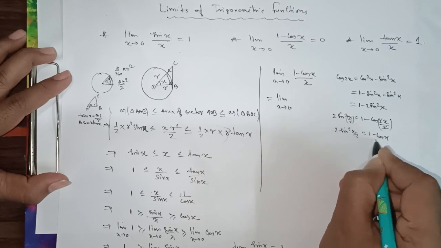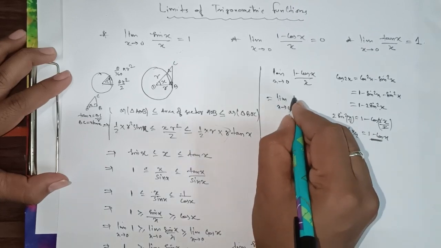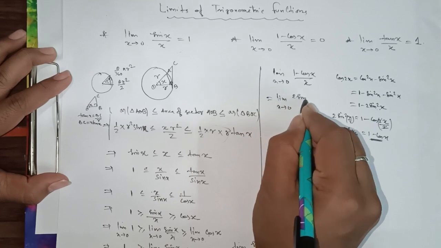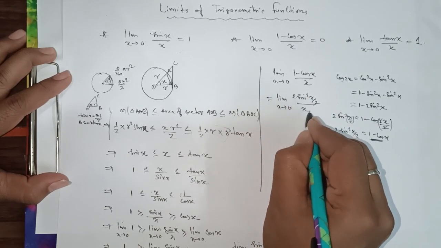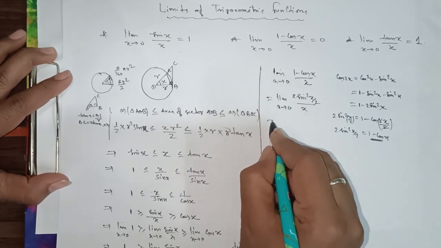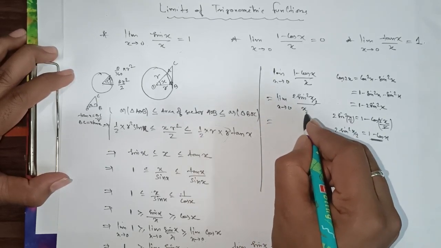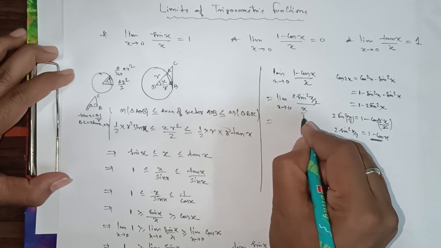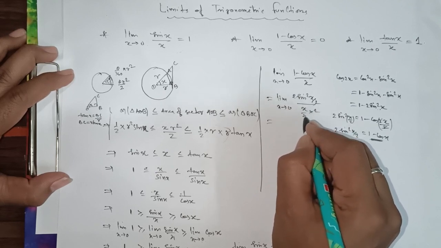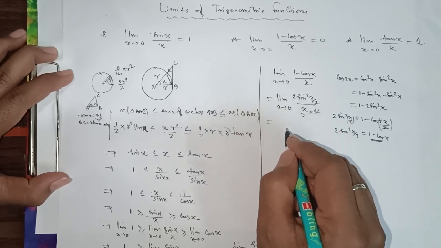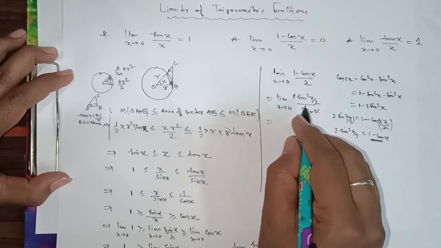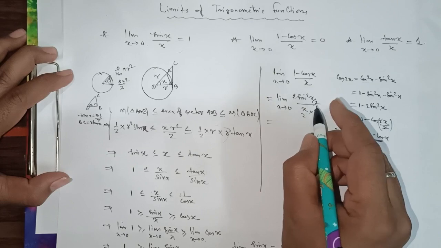That means we can write, in place of this, 2 sin square (x by 2) divided by x. Now multiply numerator and denominator by 2, and now these two cancel each other.